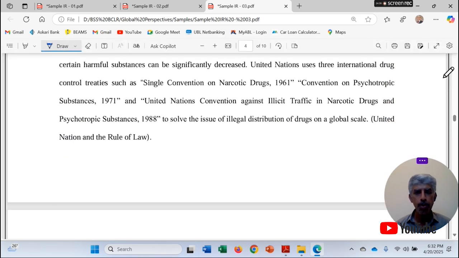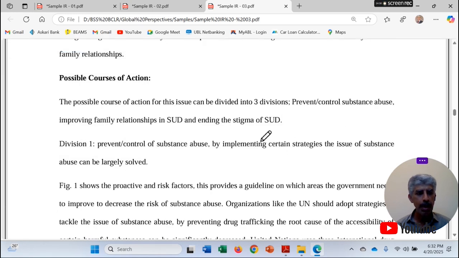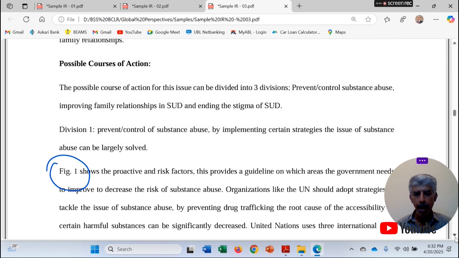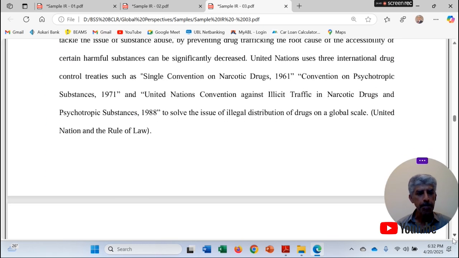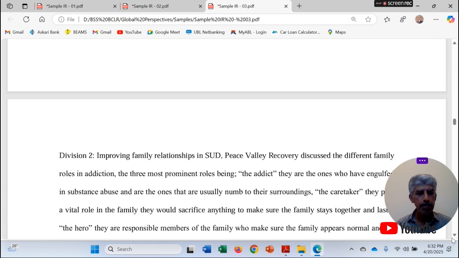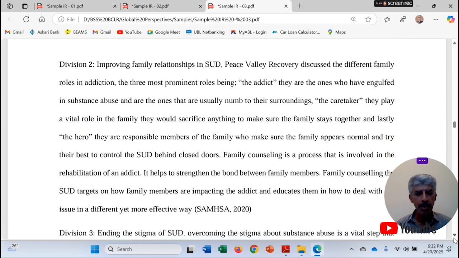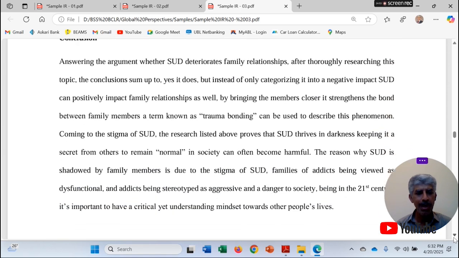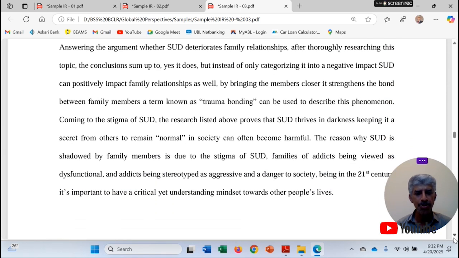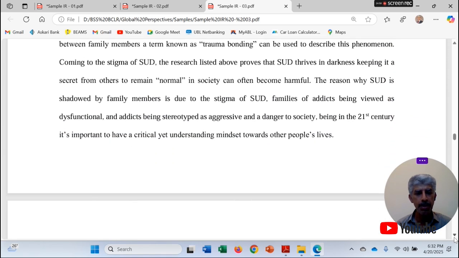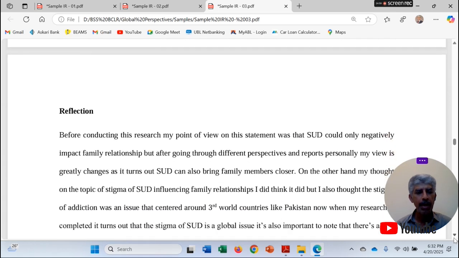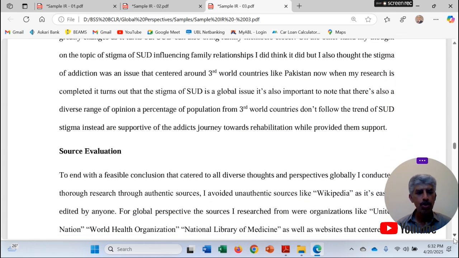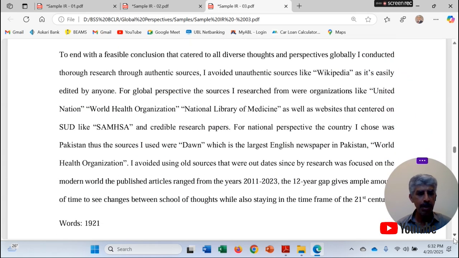Then the possible course of action, I mean the solution. So the solution is given over here, and you can see that in this particular report the student has given the reference of one figure as well, and I will show you this figure in the bibliography. And then the conclusion. In the conclusion, the student has given the reflection as well, and the personal perspective of the student.